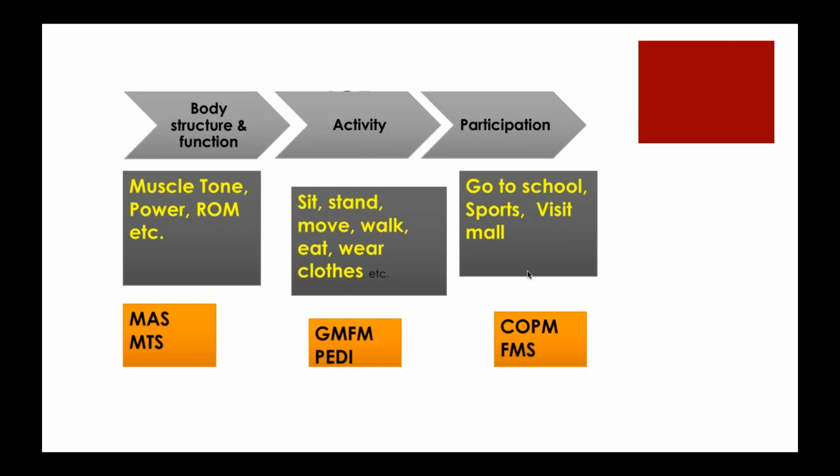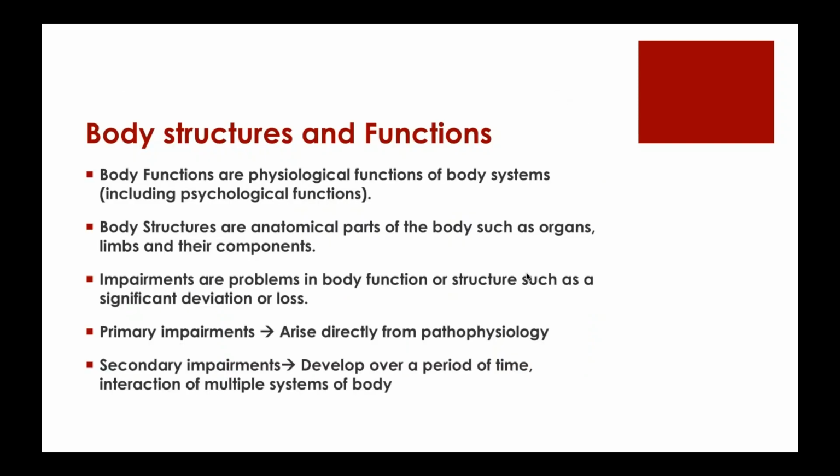Having said that, I'm going to explain every dimension. When I say body structure, you have to understand that it includes physiological functions, it includes anatomical parts of the body. It also looks at impairment. And remember, when we talk about impairments, primary impairment arises from the damage.